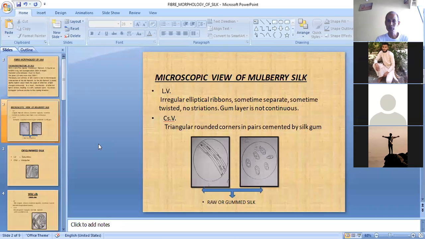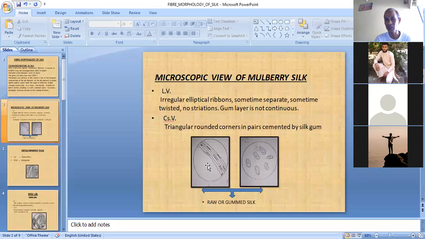So longitudinal view, LV means longitudinal view. And here you can see the longitudinal view shown in this diagram. It's an irregular elliptical ribbon, sometimes separate and sometimes twisted. No striations. Striations means the longitudinal lines.